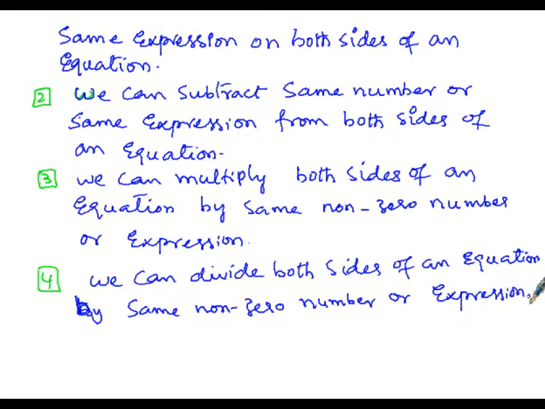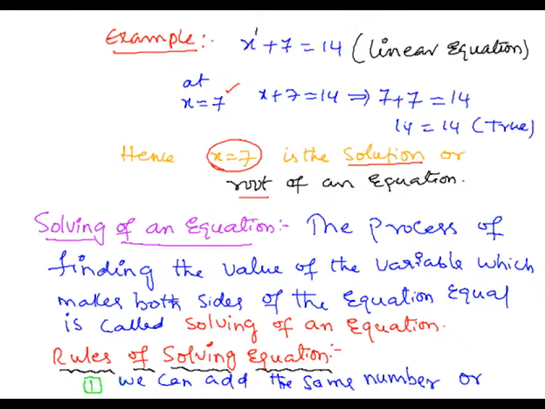So we can solve an equation by following these rules. These are the 4 rules which can be applied while finding the variable's value of an equation, or the root of an equation. We can add the same number or the same expression on both sides of an equation.